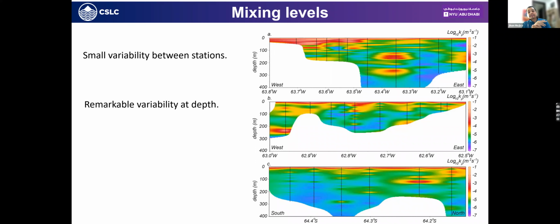We can calculate a variability that can reach, in some cases, from 1 to even 2 orders of magnitude between different stations and different bays. We can reach values around 0.5 to 3.5 if we compare Flanders with Charlotte. That indicates that in Charlotte, for example, we have well mixed water in the north.